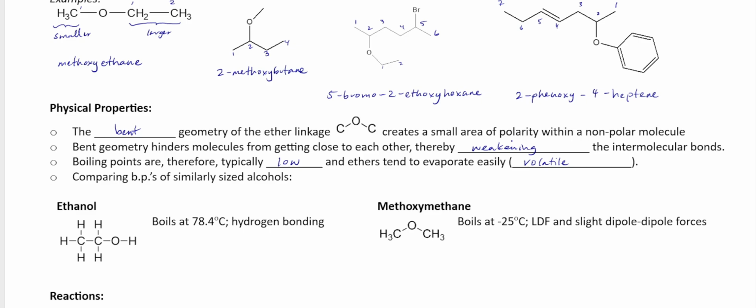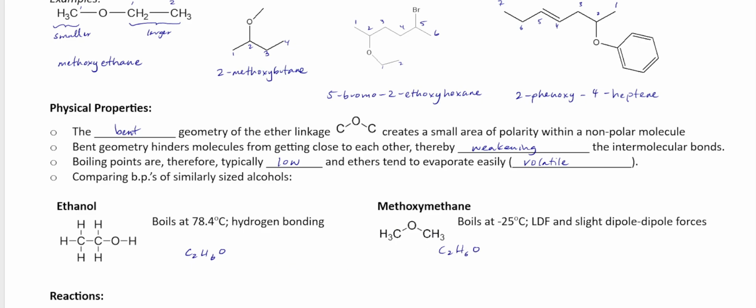So comparing boiling points of similarly sized alcohols, well, these are actually isomers of each other. That's because ethanol, if we look at the formula, that's C2H5O. And if we look at this formula right here, apologies, it's not C2H5O, that's C2H6O. This one right here is also C2H6O.